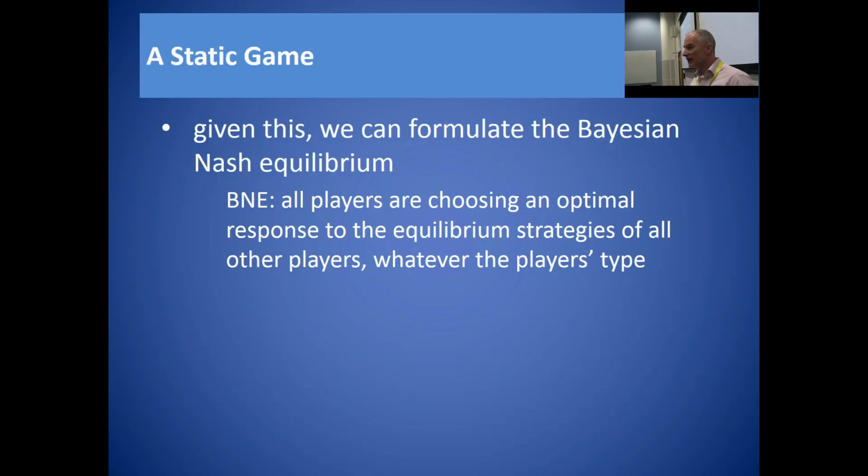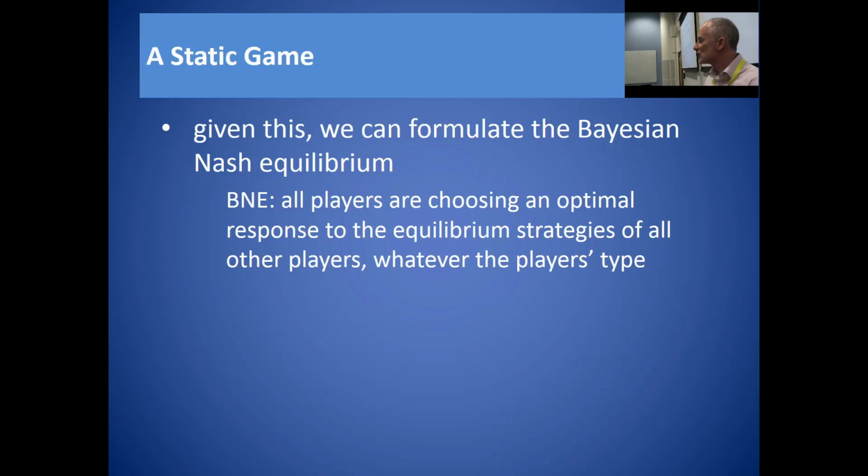So that's what we need to set up. That would be a Bayesian Nash equilibrium. We identify these optimal strategies, but these optimal strategies are contingent upon the player's type. So the player's type in this case are the man being a party lover or not a party lover. So that's how we would formulate the full Bayesian Nash equilibrium. It's as simple as that.